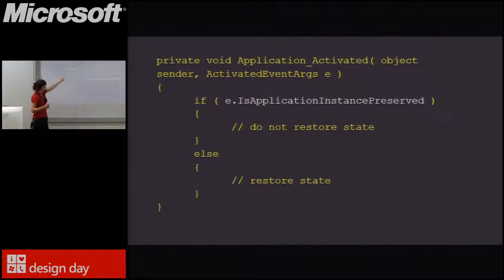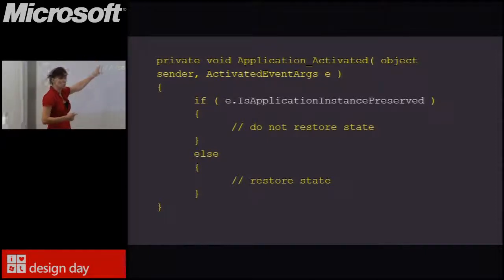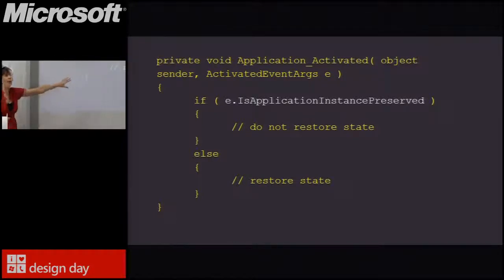In that case, you're not going to want to restore state. Again, we're going to do it automatically for you, and it's going to be a much better experience because you're not going to see that resuming. It's going to instantly rehydrate. If it was tombstoned, it wasn't dormant, you're going to want to restore the state. So you're going to want to test for that in Mango. It's really important to make for a better user experience.